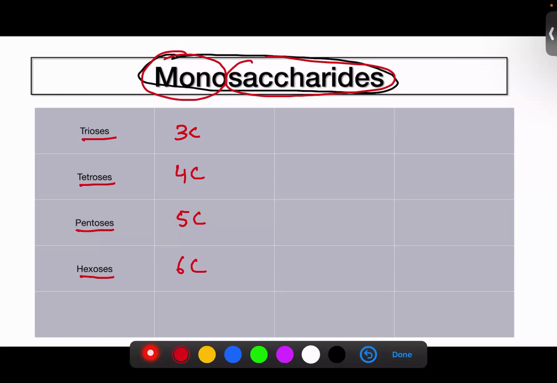So if we write formulas for each, for 3 carbons, this will be C3H6O3. For tetroses, you will have C4H8O4. For pentoses, you will have C5H10O5.